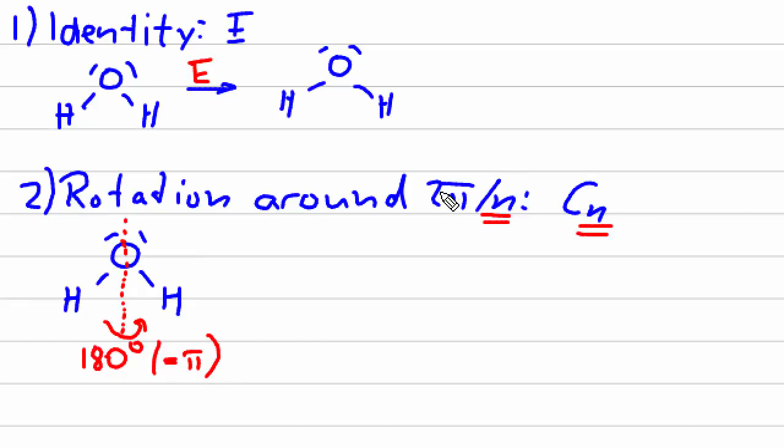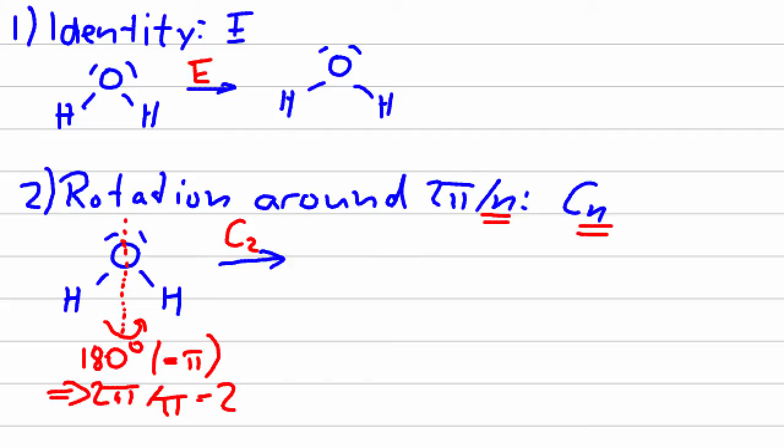And when we now use our formula, 2 pi divided by pi is equal to 2. Which means if we apply a rotation by 180 degrees, we call the symmetry operation a C2 symmetry operation, or C2 rotation.